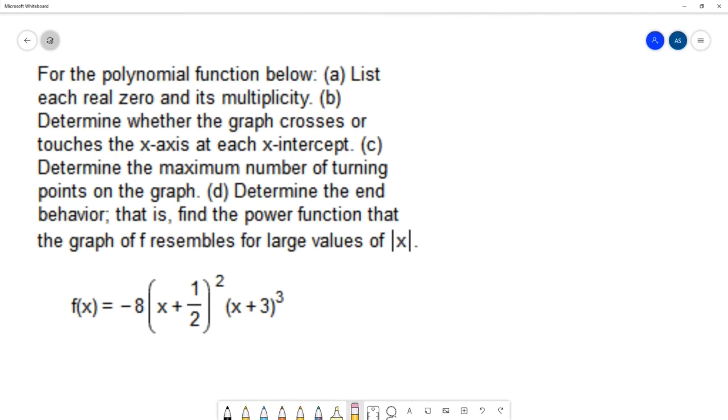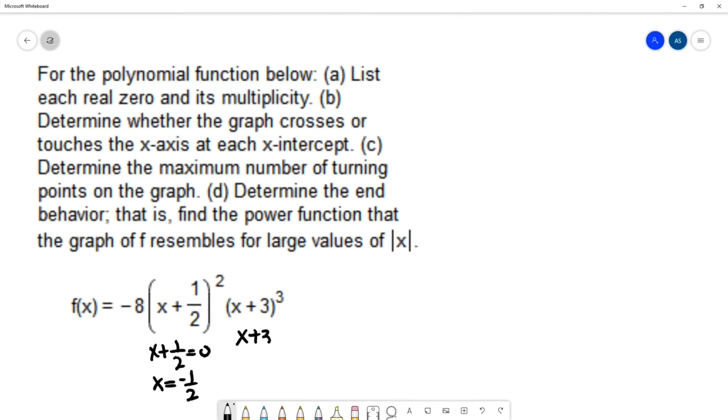Okay, so conveniently, this function is written in a factored form, so identifying the real zeros, which are the same thing as x-intercepts, is very easy to do in factored form. So we can take each factor, set it equal to 0, and solve. So we have x plus 1/2 equals 0, giving -1/2.